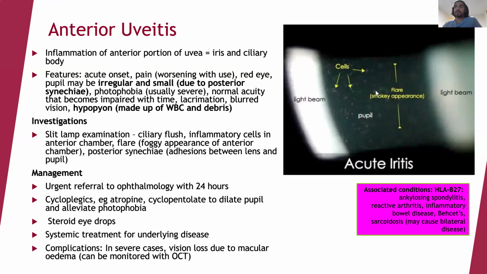Give steroids because it's usually associated with other conditions, like I said, like ulcerative colitis, ankylosing spondylitis. So all the autoimmune conditions. You want to treat the underlying disease. So like we said, is it reactive arthritis? Is it IBD? And you want to treat this because it can cause vision loss due to macular edema.